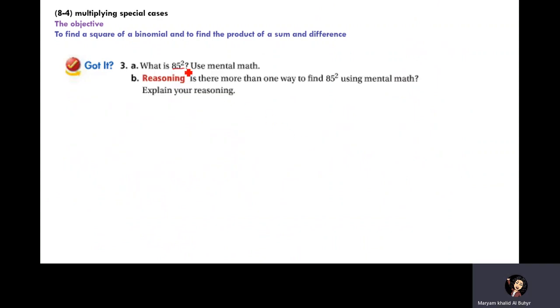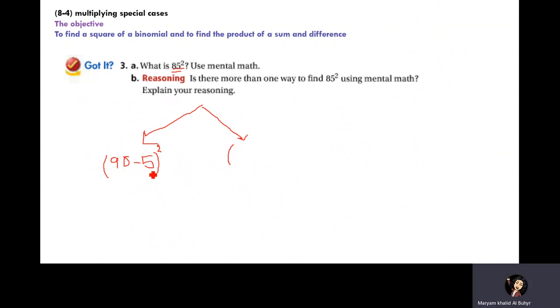Let's see this. Here you have two options. You can say 90 minus 5, all this to the power 2.